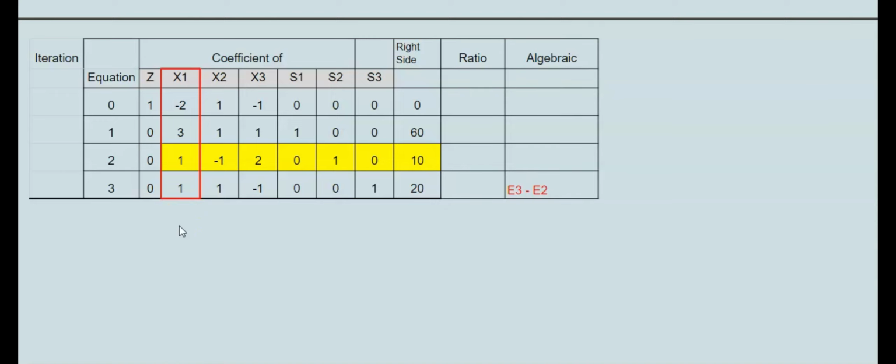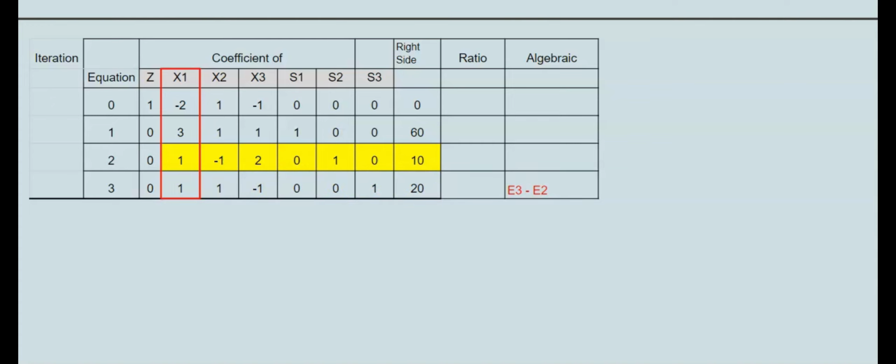So in this first case right here, I'm going to take my E3 or equation 3, which is this part right here, and I'm going to subtract it from E2, which is this part right here. So for the row operation, each of these cells, I'm taking this, subtracting it from here, taking this, subtracting from here, and all of this to fix this whole row right here, so that way we get a new row.